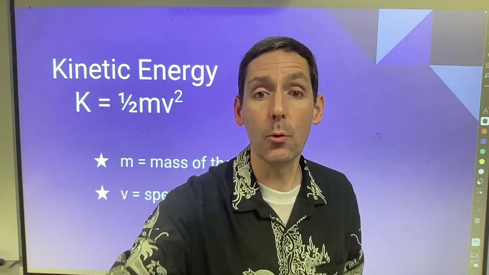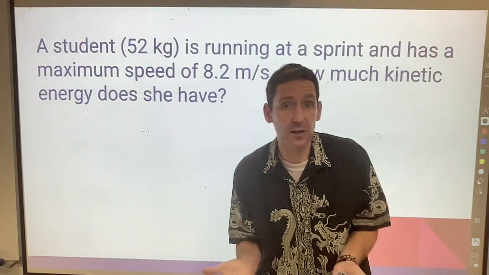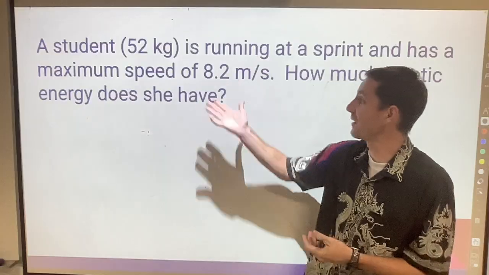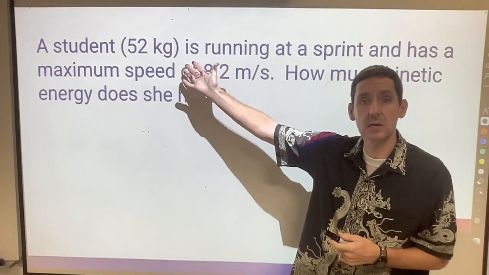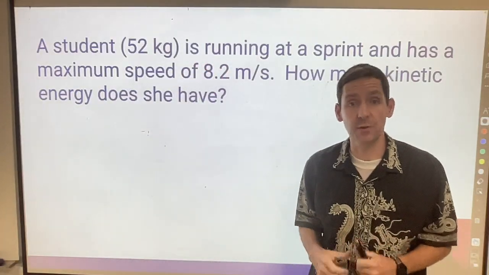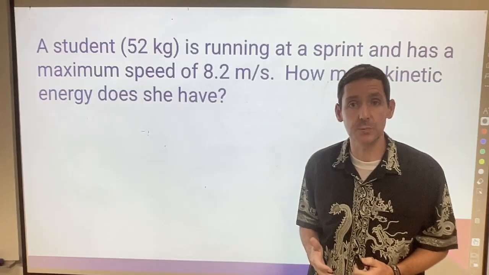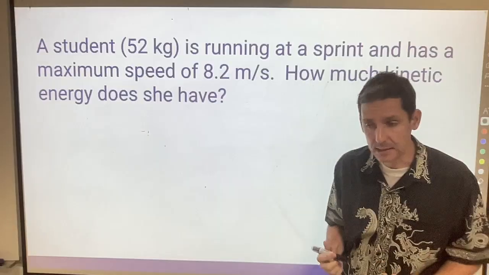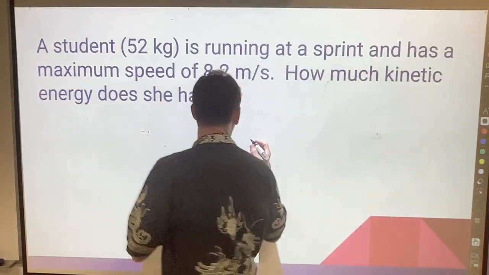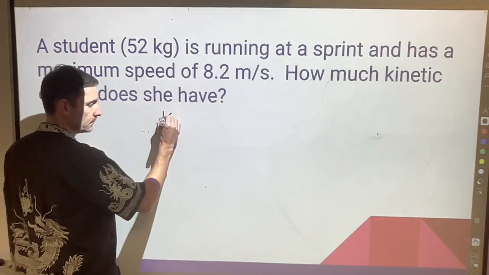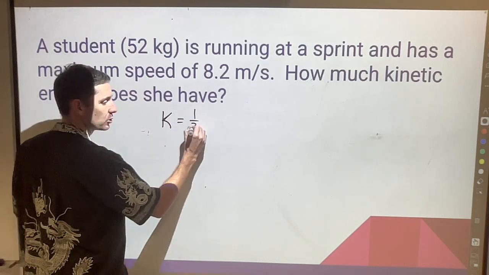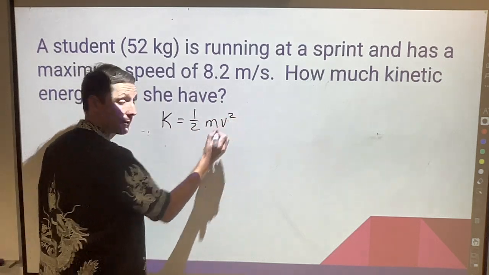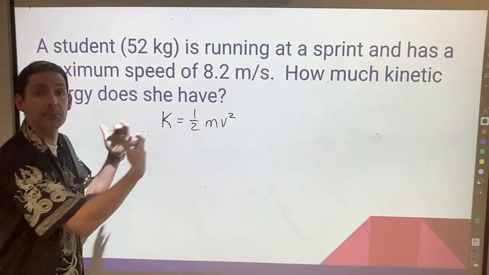All right? Now, we can use that to solve some fairly simple questions. If we have a student, 52 kilograms, running at a sprint with a maximum speed of 8.2 meters per second, we can answer how much kinetic energy she has, right? So we just learned that kinetic energy equals 1/2 mv squared. And so we can put in the numbers.